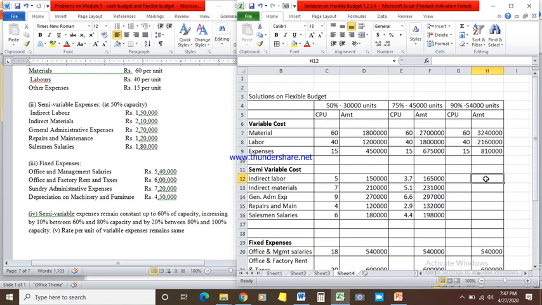Similarly, on the other side, if you are going for 54,000 units, the semi-variable cost is going to increase by 20%. So again, I'll just go with the formula: 1,50,000 plus 20% of 1,50,000.